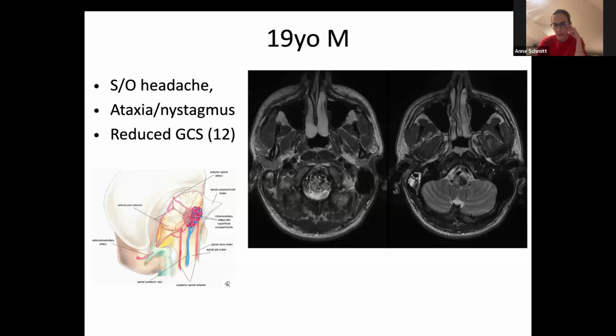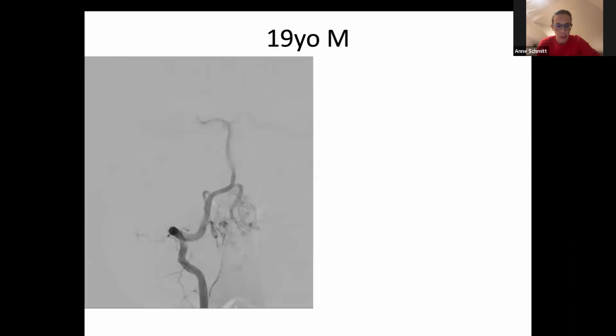That's a patient that I met in clinic last week, a young student, studying, playing rugby, which he's now stopped. A year ago, he presented with sudden onset headache, ataxia, nystagmus, and he also dropped his GCS down to 12. It turned out he had bled from this high cervical arteriovenous malformation. Unfortunately, I don't have the best pictures, but this is what we're faced with now. That's his angiogram.